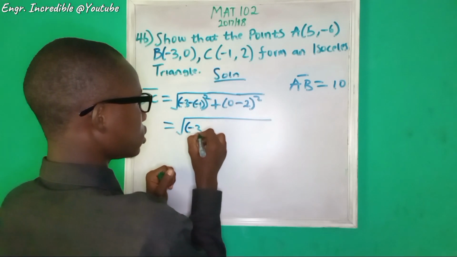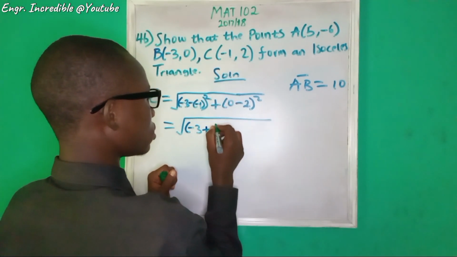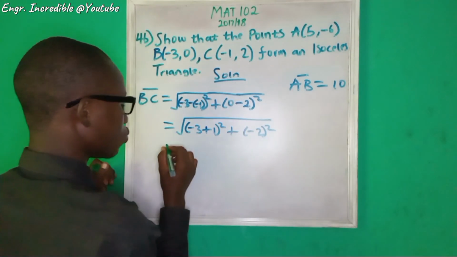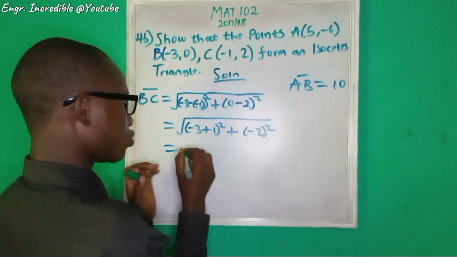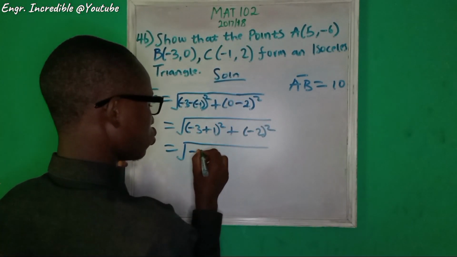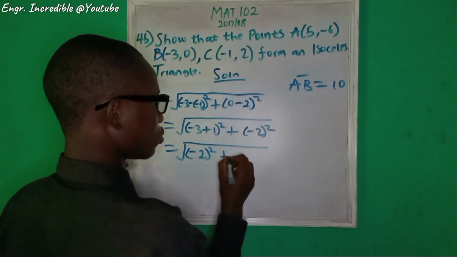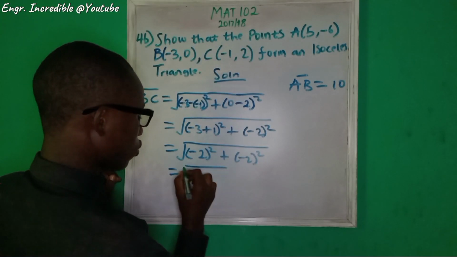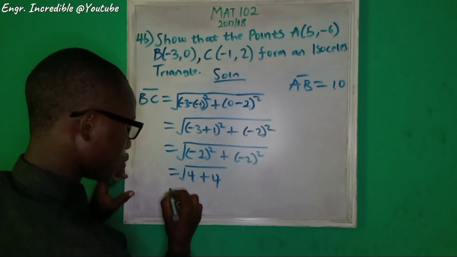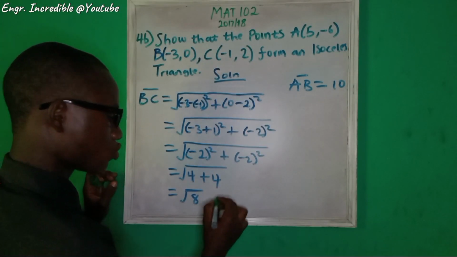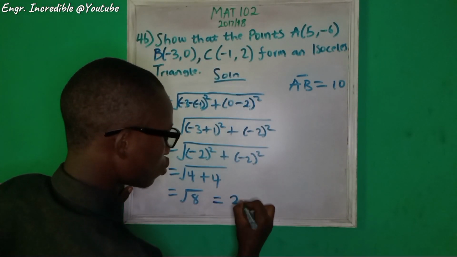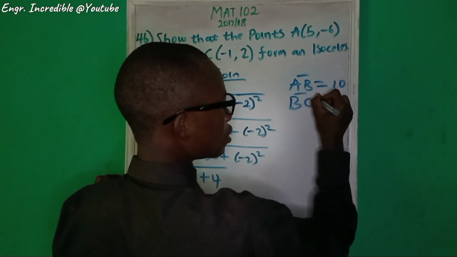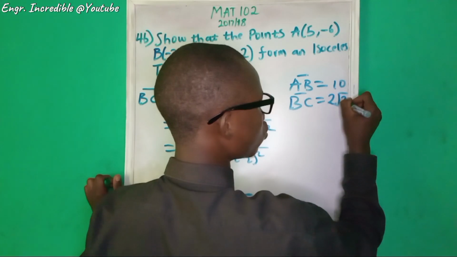We have minus 3 minus minus 1, that is minus 3 plus 1, that is minus 2, squared, plus 0 minus 2, that is minus 2 squared. So we have the square root of 4 plus 4, equal to the square root of 8, and the square root of 8 in surd form is equal to 2 root 2. Therefore our line BC is equal to 2 root 2.